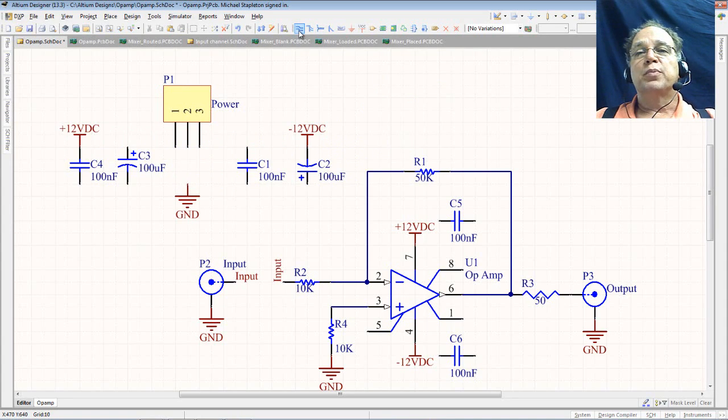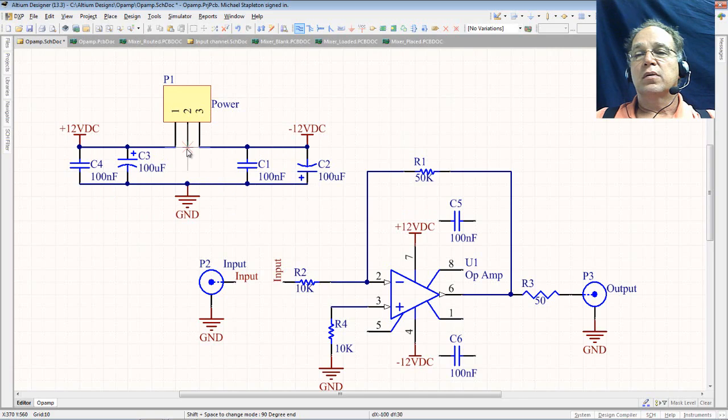Come up here to my toolbar and get my place wire. Click to here. Click to here. I'll click all the way across here. And from here to here. Alright, I'm going to right click to stop wiring.